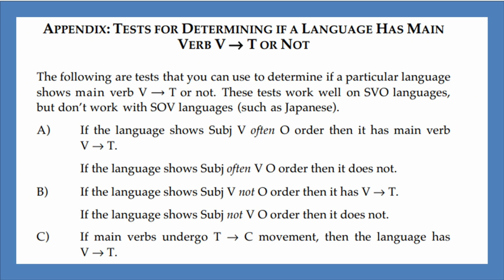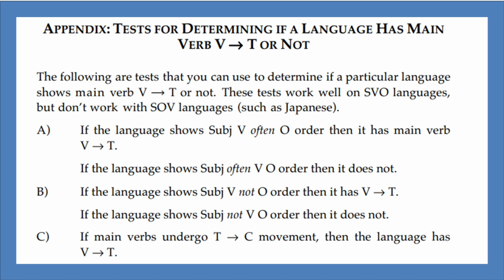Appendix: tests for determining if a language has main verb to T or not. The following are tests that you can use to determine if a particular language shows main verb to T or not. These tests work well on SVO languages but don't work with SOV languages such as Japanese.